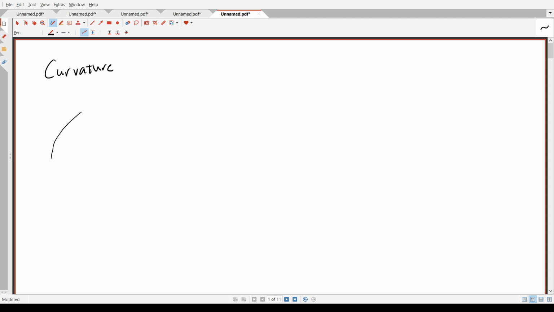If we have a curve, we can talk about the tangent vector, okay? And the rate at which this tangent vector is turning is the curvature, right? Now, just to make sure that all things are equal, we're going to be doing this derivative with respect to s.